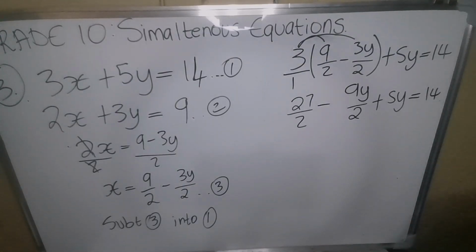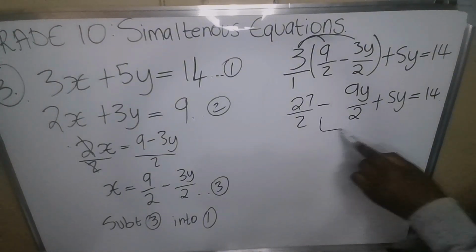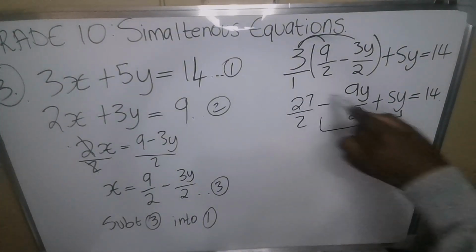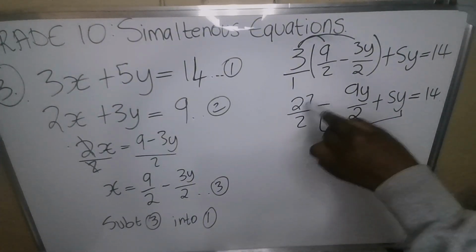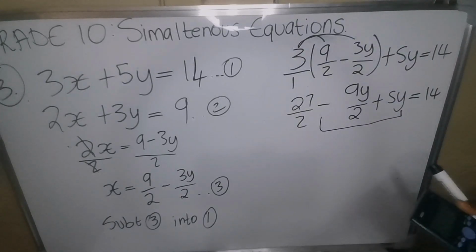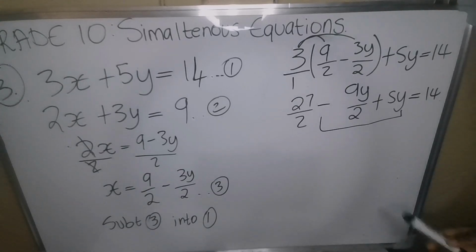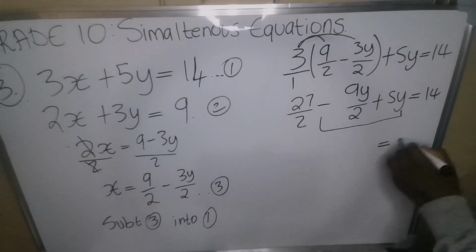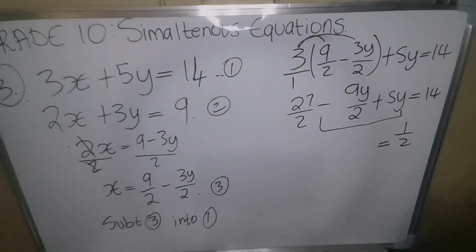Now the like terms: the y terms are like terms, and 27 over 2 and 14 are like terms. I'm going to transpose this 27 over 2 to the right. It will be 14 minus 27 over 2. The answer there is 1 over 2 on my right.